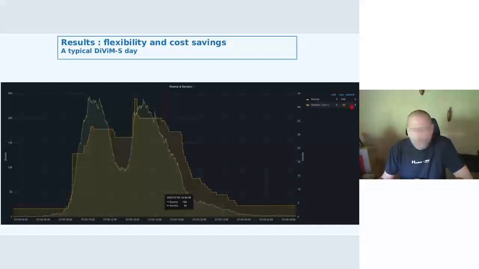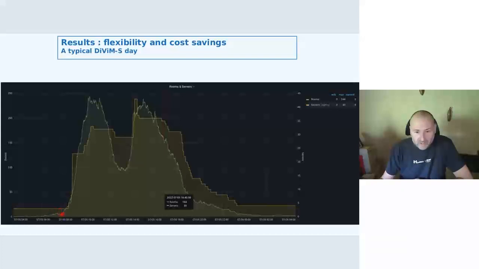It goes down to 3 servers and up to 43 servers during the day. So during the night until 8 AM, there are very few conferences. The green line is very low, and the number of servers is at its minimum, 3 here.